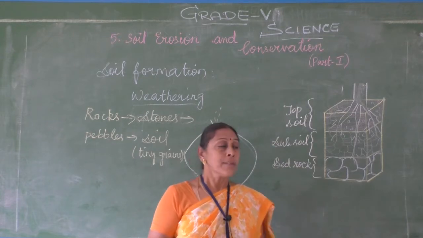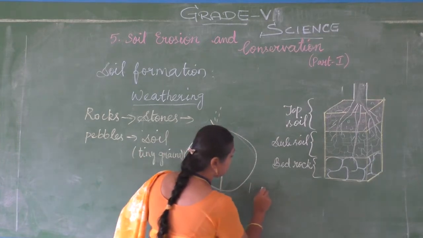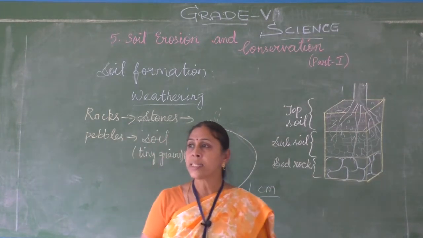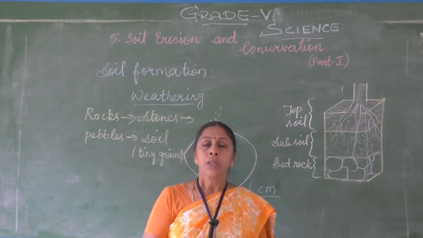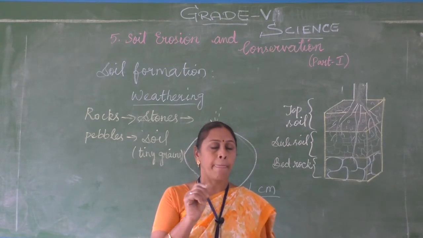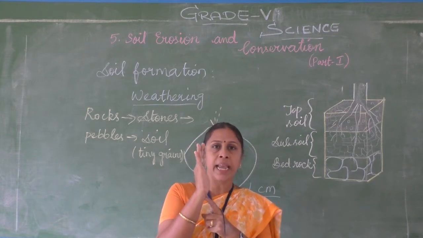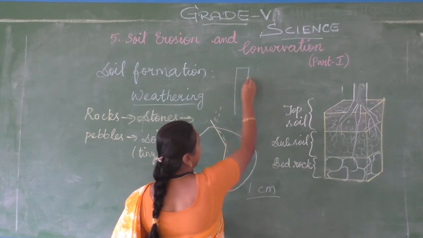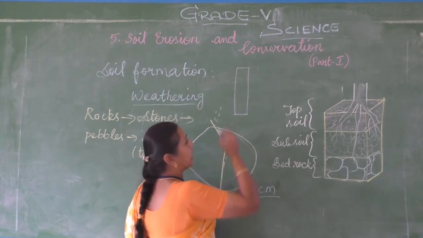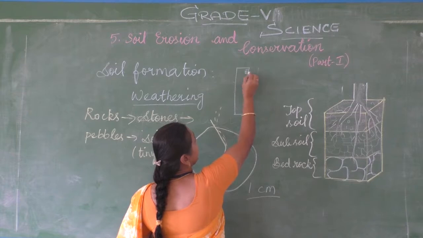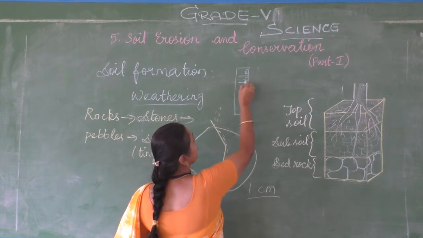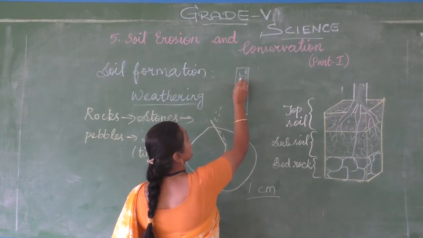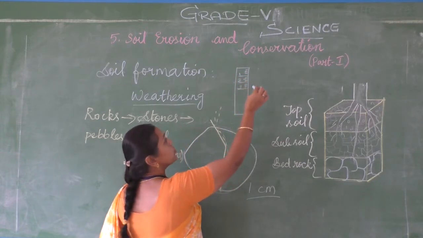So for the formation of 1 centimeter of soil, 1 centimeter means how much? In a small size scale, there will be measurement like this. If you see the small scale you use to draw lines, the markings will be there like this: 4 small lines and 1 big line, and they will put numbers 1, 2, 3 like that.